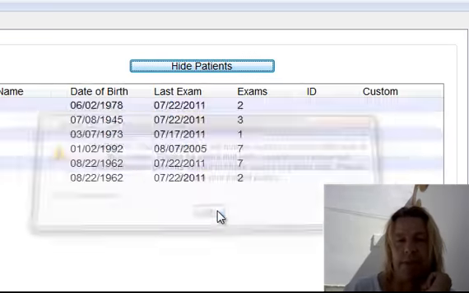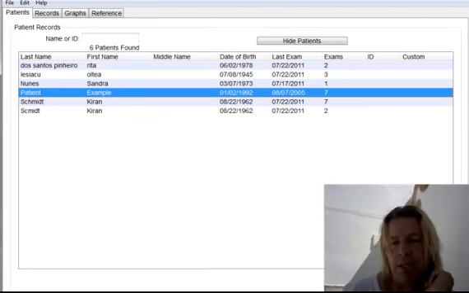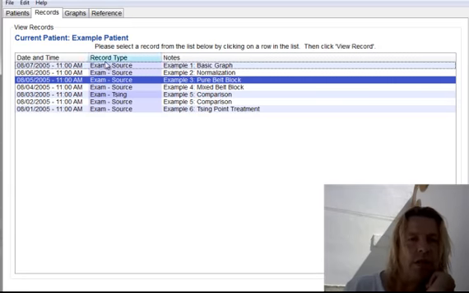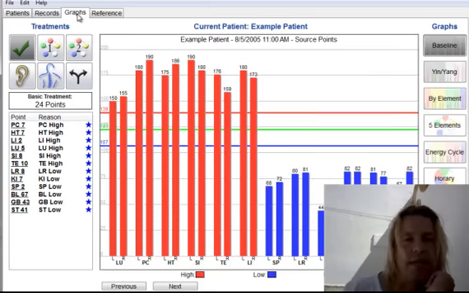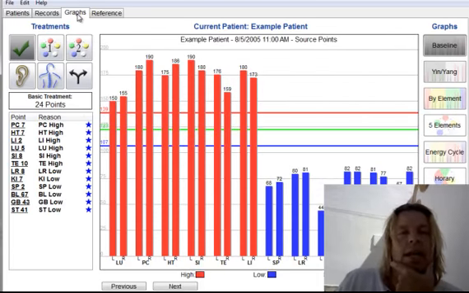So okay, we say okay, and now we say the example patient, and then we check one example and look at the graphs here, and you see this is how you would expect a normal electrodermal screening reading to look like.